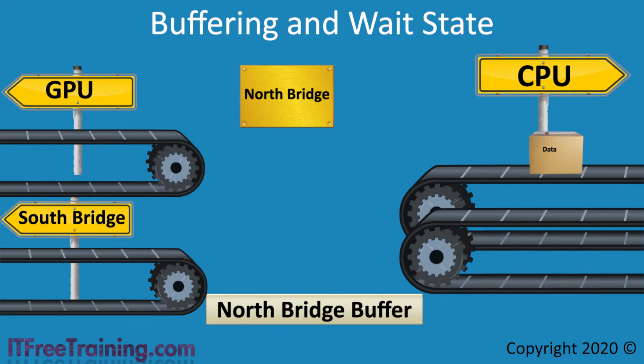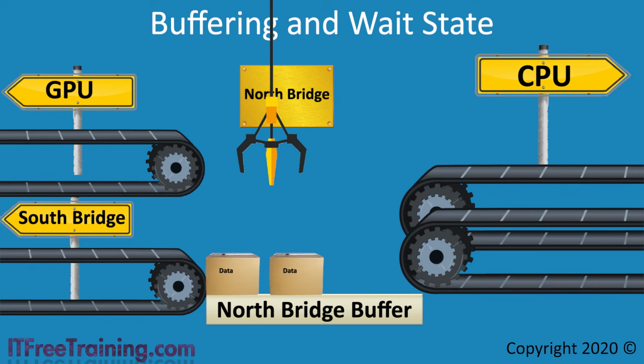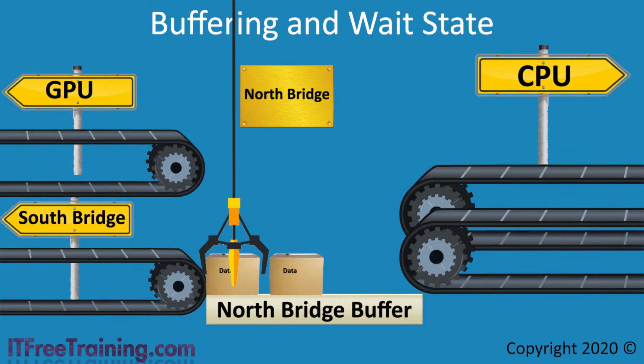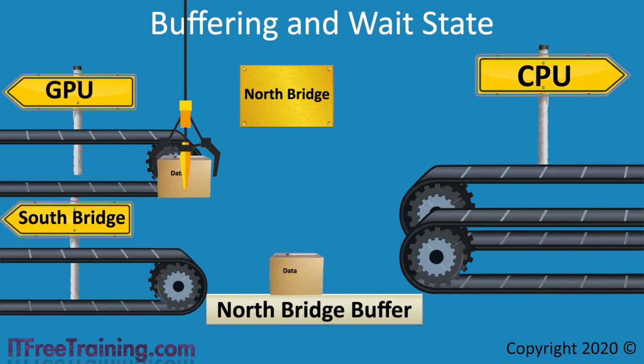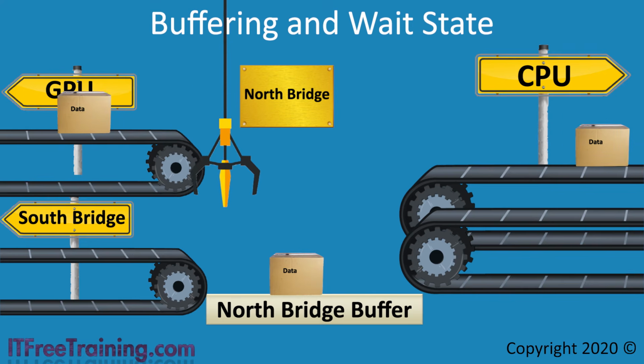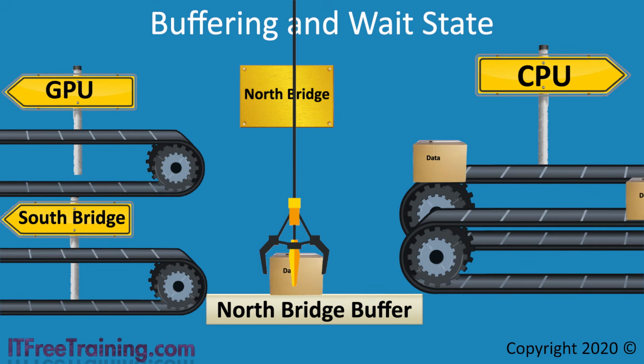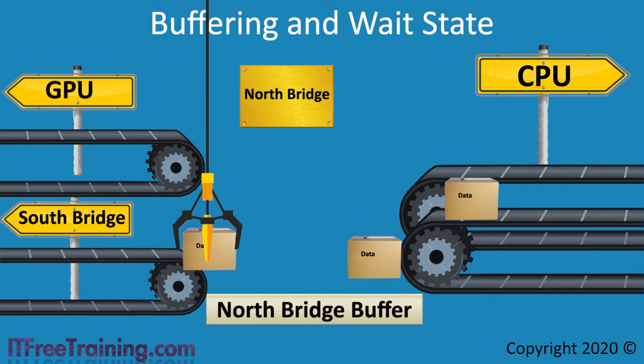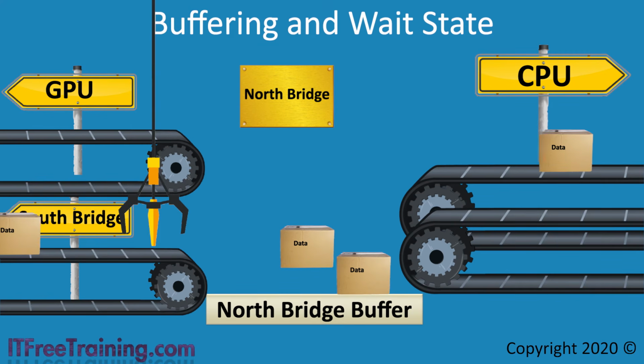Essentially what happens is, as the data comes in, the North Bridge takes the data from the buffer and places it on the bus. If the buses are slightly out of sync, the data stays in the buffer until it can be placed on the bus. By having small delays in the buffer, this gets around the buses being out of sync with each other.